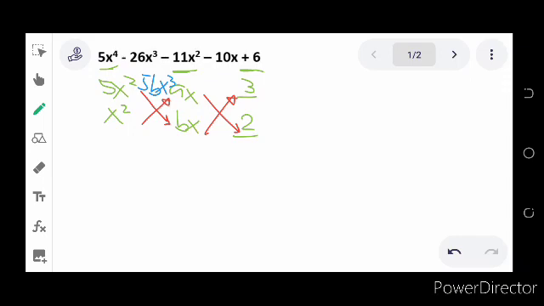And x squared times ax, you have ax cubed. Now notice that 5bx cubed and ax cubed represent the coefficient of x cubed. That means these two, the 5b and the a, should equal negative 26. So we have a plus 5b equals negative 26.